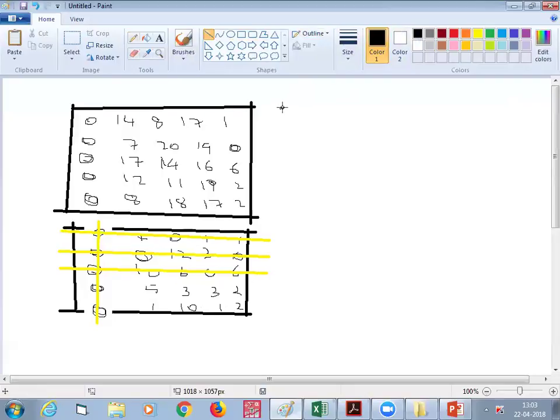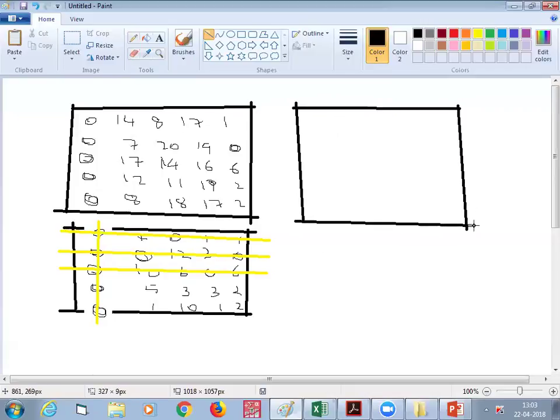Okay, so let's do it over here. Remember, one more reduction step. 1 is the least uncovered element, so it has to be added at the intersections here.